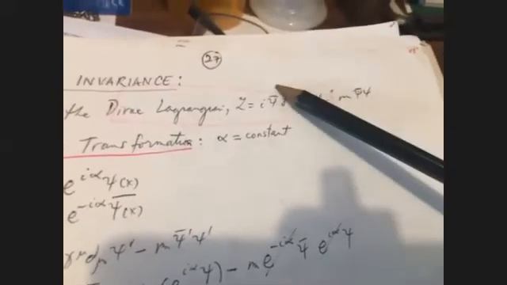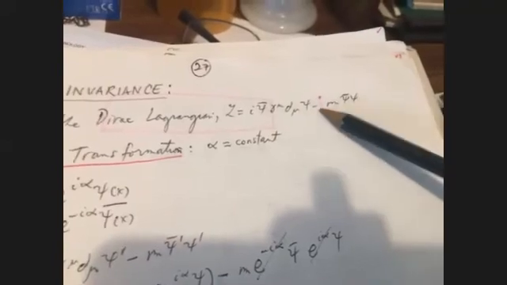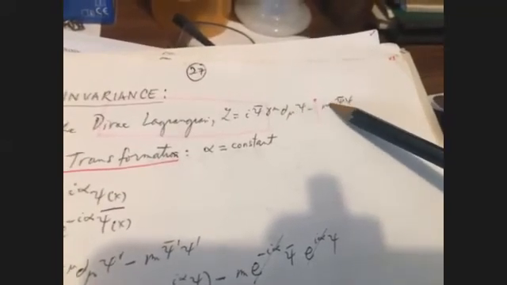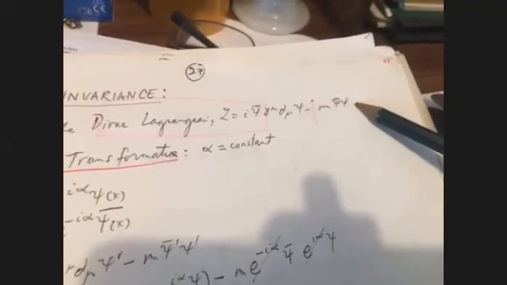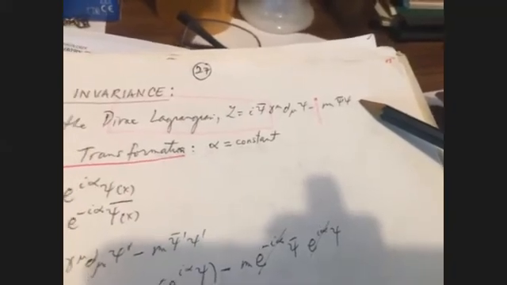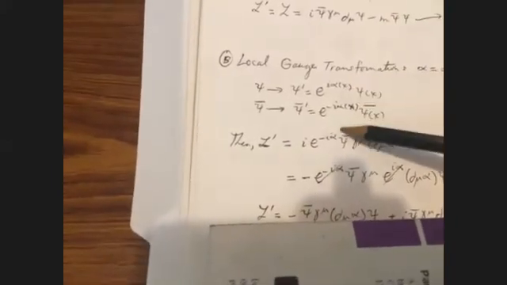And then put a prime in all the psi bar and psi, but now the transformation has an alpha which is dependent on space-time, like this. So why don't you try it?